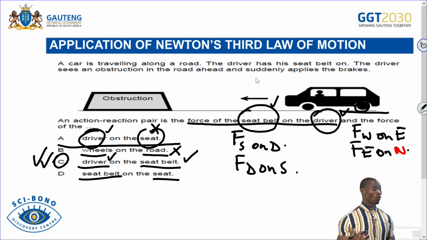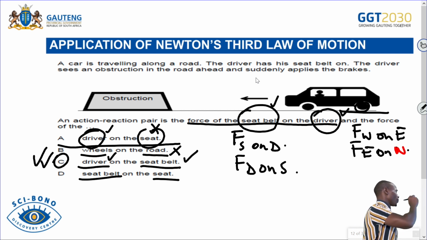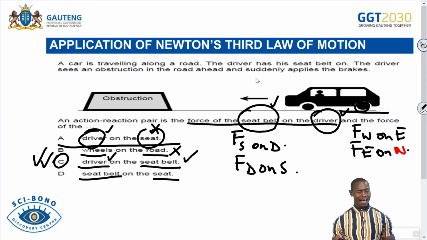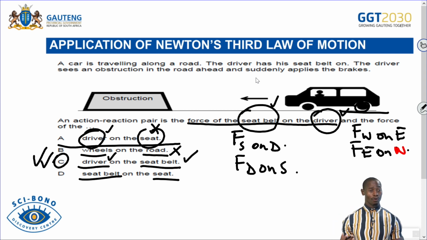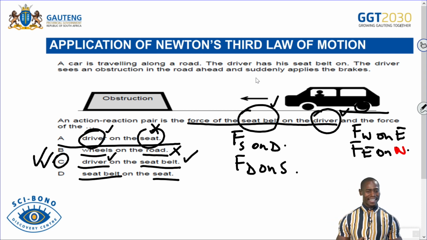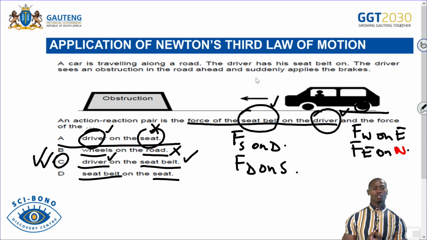Again, if it happens that the car collides with this obstruction, it will be a force of the obstruction on the car, and then the force of the car on the obstruction. So those are action-reaction pairs of forces. Make sure that you understand that an action-reaction pair involves two objects.